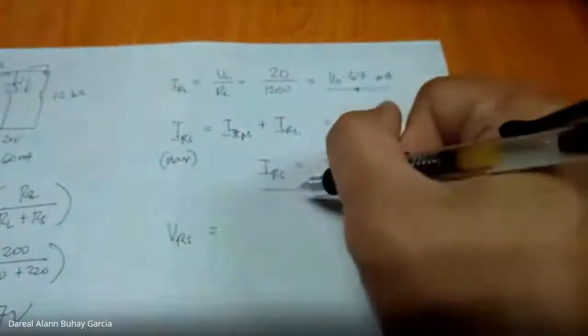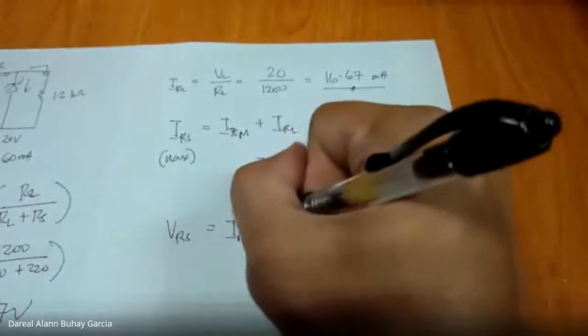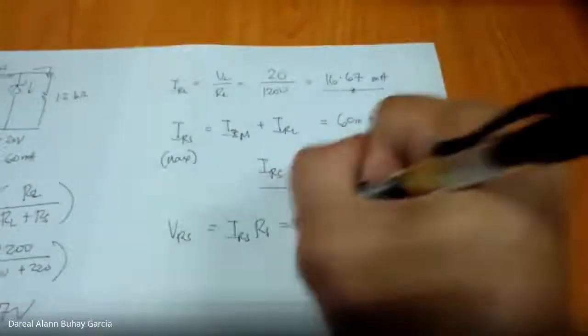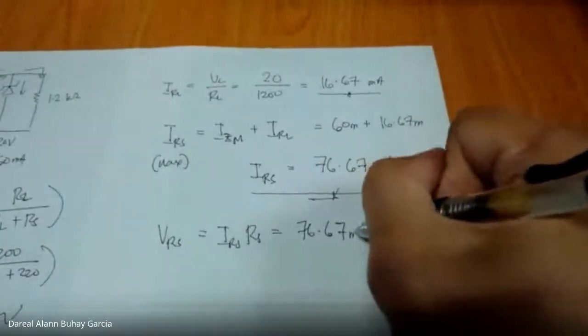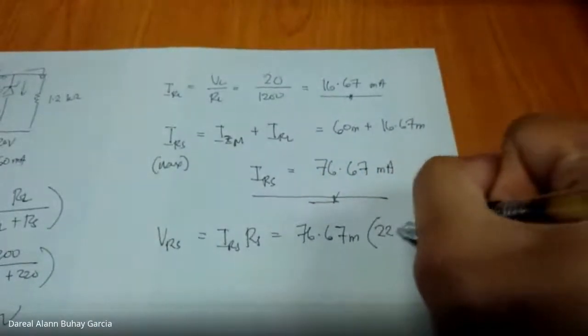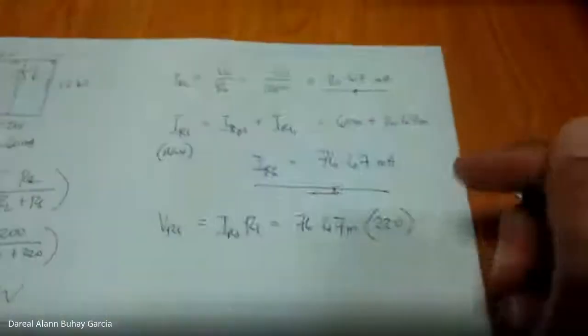VRS is equal to IRS times RS, 76.67 milli times 220 ohms, given.